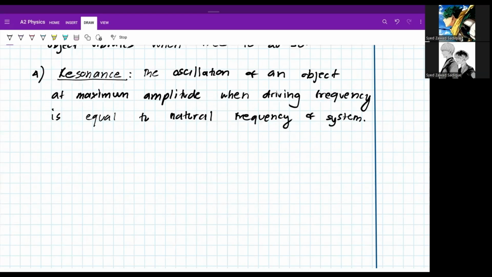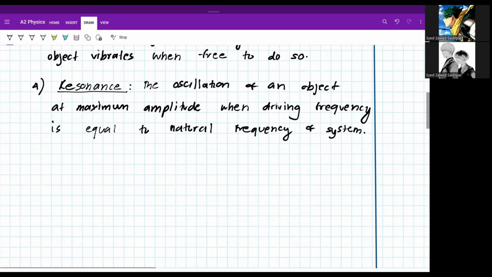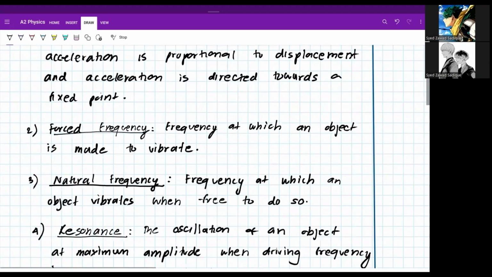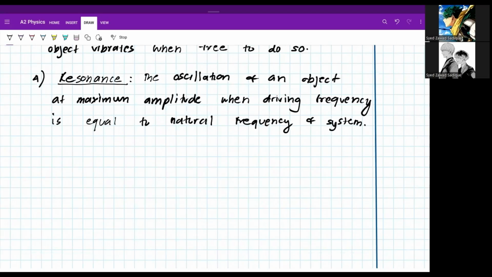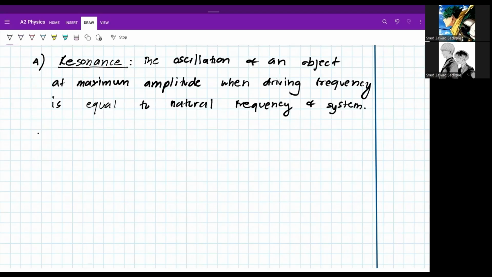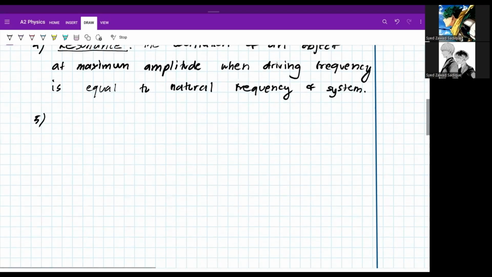Basically, what this means is the oscillation of an object at maximum amplitude when the natural frequency of the object is equal to the forced frequency. Simple. But the new syllabus prefers driving frequency and natural frequency.